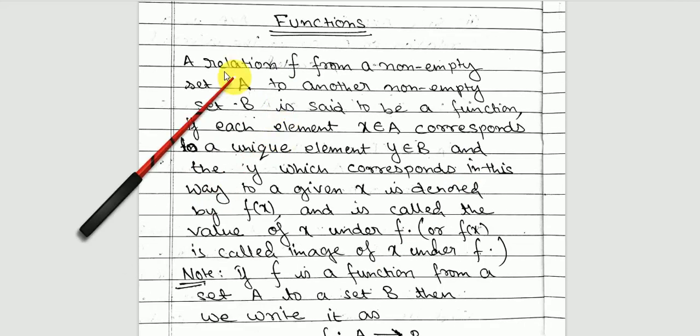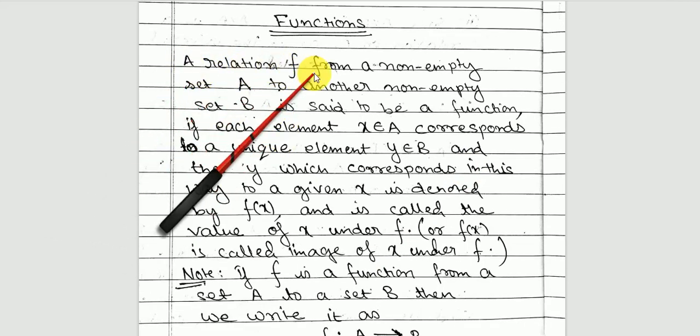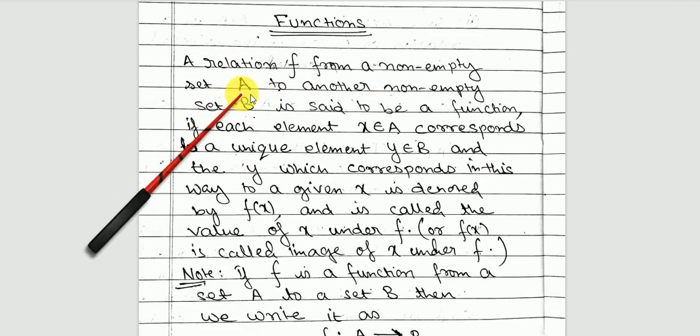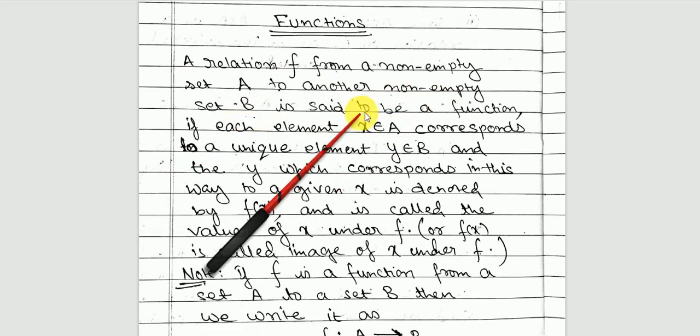So this is what the function definition says, that a relation f from a non-empty set A to another non-empty set B is said to be a function if each element x in A corresponds to a unique element y in B, and the y which corresponds in this way to a given x is denoted by f of x, and it is called the value of x under f.